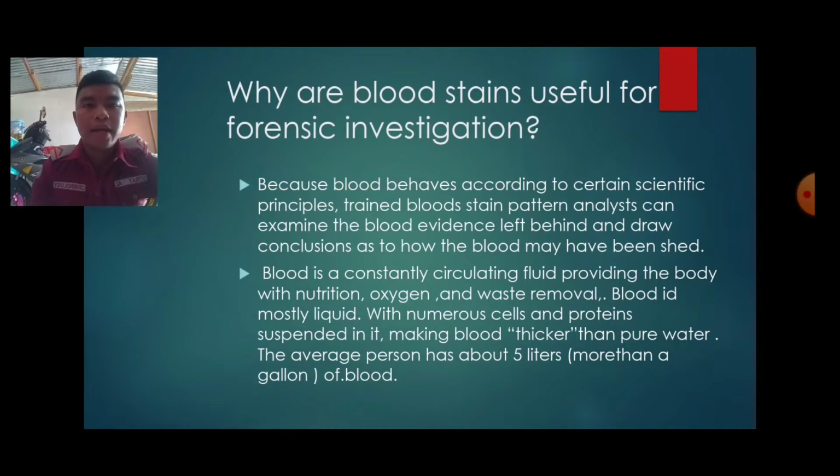Why are blood stains used for forensic investigation? Because blood behaves according to certain scientific principles.